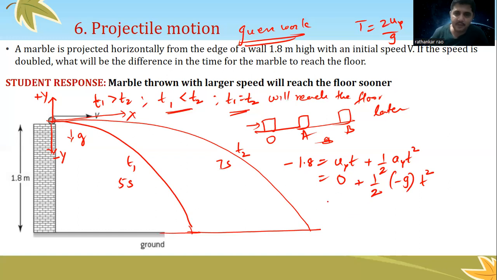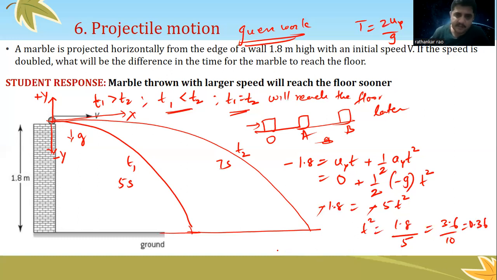So I'll write minus 1.8 is equal to minus, taking g equal to 10, minus 5 into t square. The minus and minus cancel. So t square is equal to 1.8 divided by 5, which is 3.6 divided by 10, or 0.36.